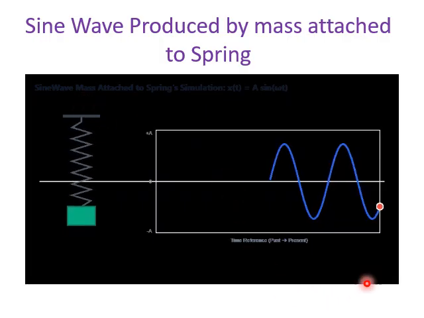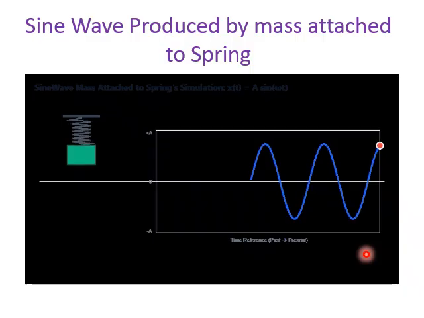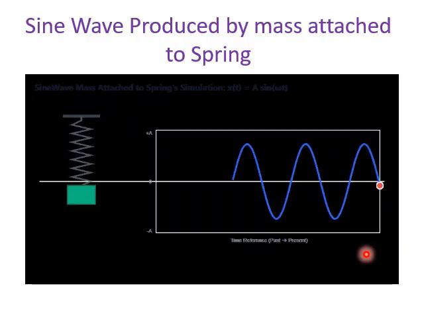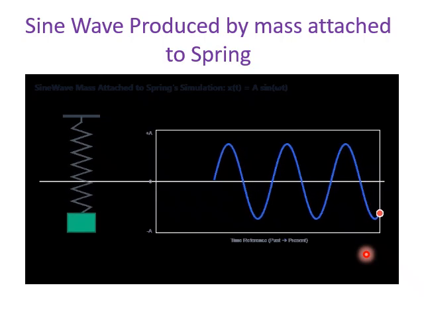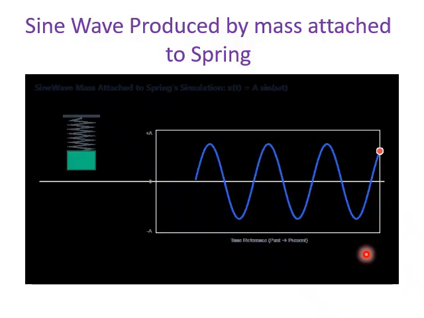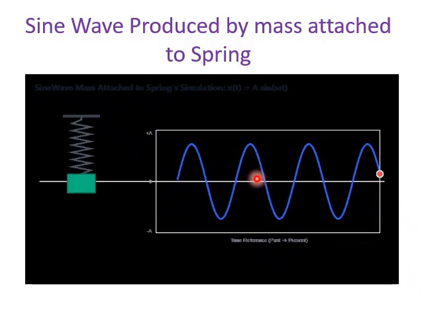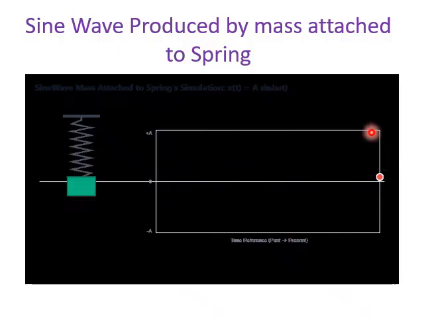So you see that the model of this one produces a sine wave. Hopefully you understand the idea of how a sine wave is produced in a natural system. In this particular example, it is the mass attached to a spring. You see we have created different cycles of it, and hopefully you understand this conceptually.